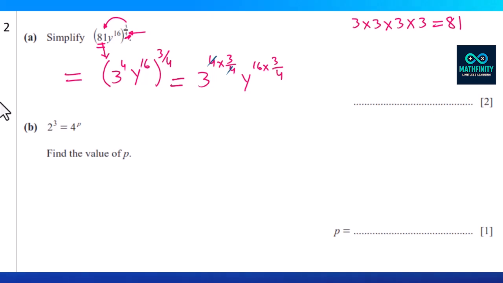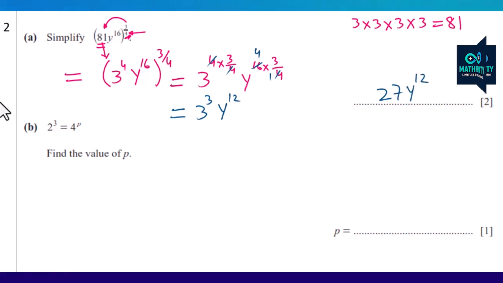So what is left here? 3 power 3. 3 times 3 times 3 is 27. And 16 times 3 over 4, 4 times 4 is 16, and 4 times 3 is 12, so y power 12. This is the way to solve without a calculator. This is the idea I am giving you, that we have to make the same power.